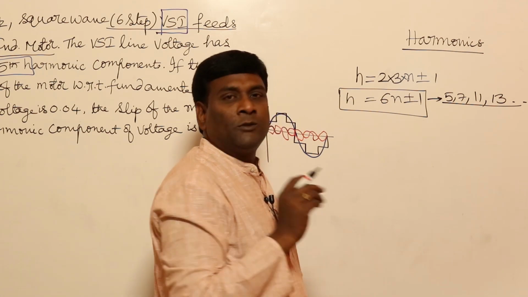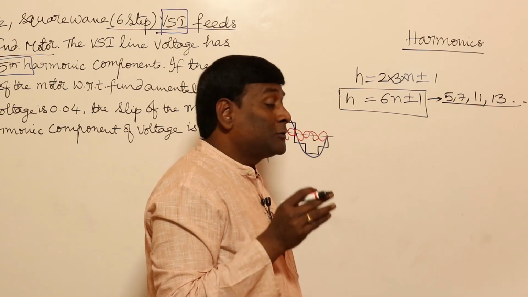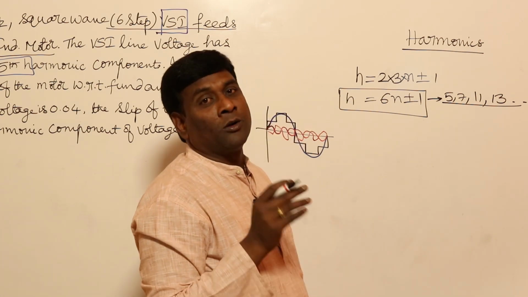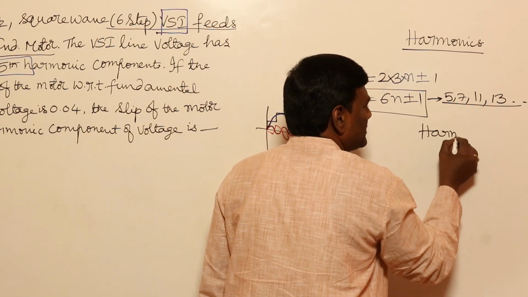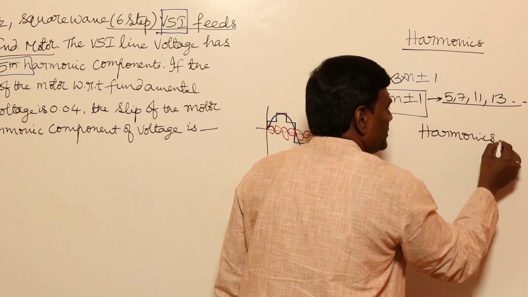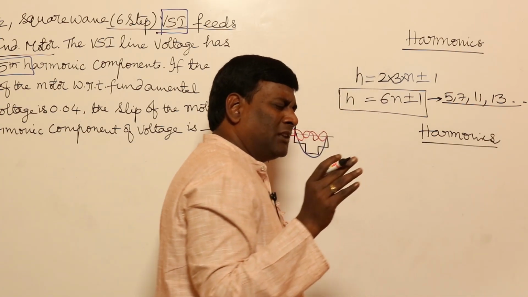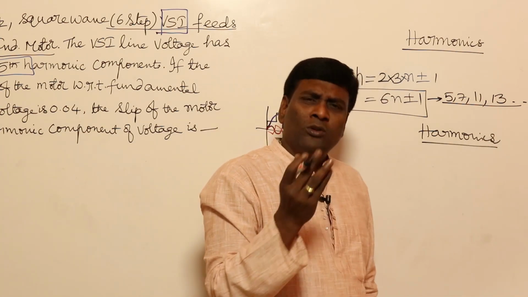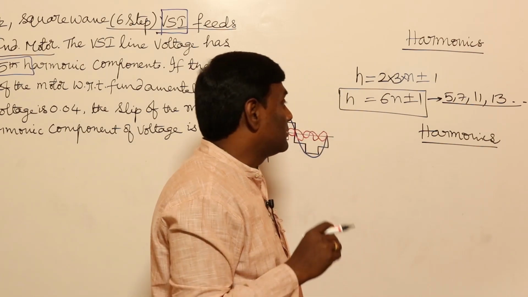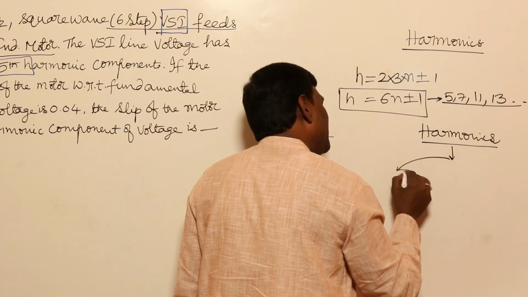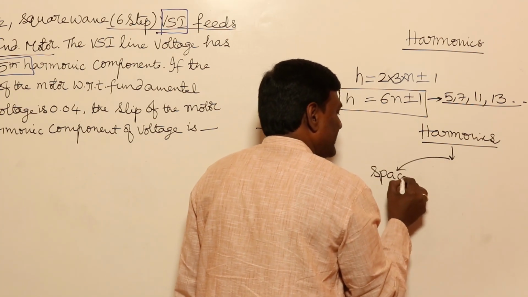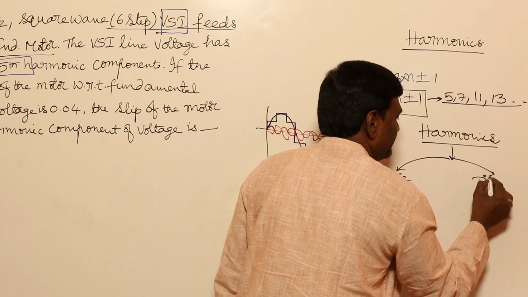Now the next point here is that space harmonics can be there, time harmonics can be there. In this harmonic topic, just remember this, dear, because if a question comes, 90% or more than 90% of faculty do not know about harmonics. So the point here is harmonics, let me divide it into space and time.